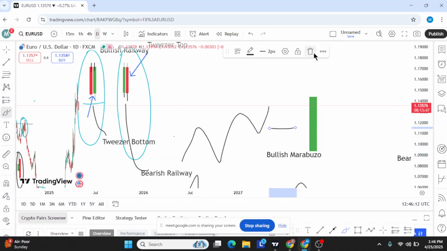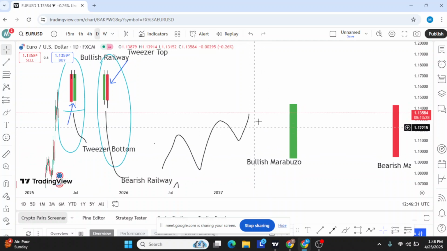It's still an indication of how the buyers really want to keep pushing the price up. So in that sense, it is like a continuation of trend. You understand? Because in an uptrend, when you spot a bullish Marabuzo, it's telling you the willingness of the buyers to keep pushing the price upward.